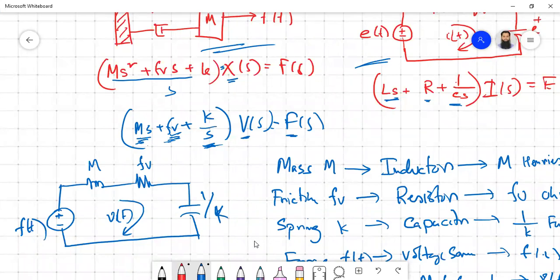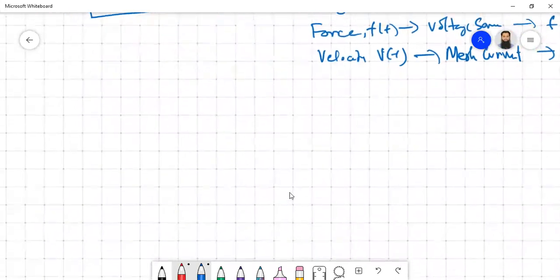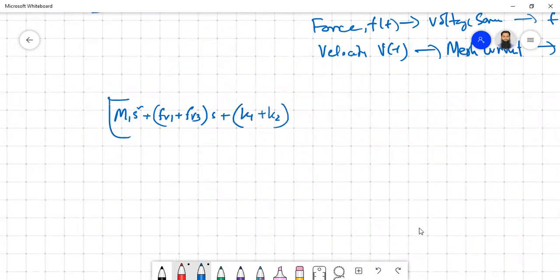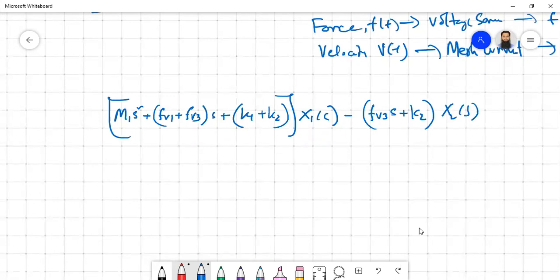So in one of the problems previously, we have actually derived an equation something like this, a complicated one: M1 S square plus FV1 plus FV3 S plus K1 plus K2, that is your X1S, minus the common one, which was FV3 S plus K2, X2S equal to F. So this is what we already previously derived.